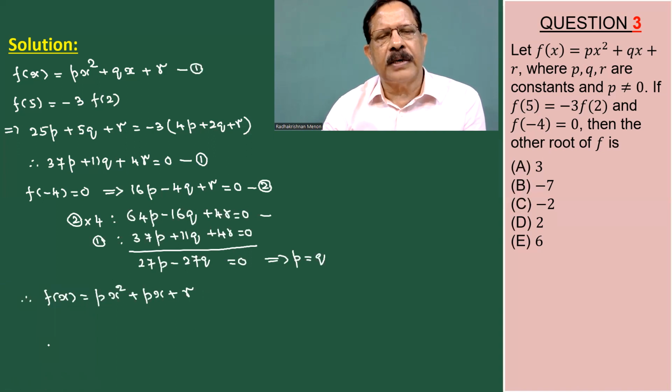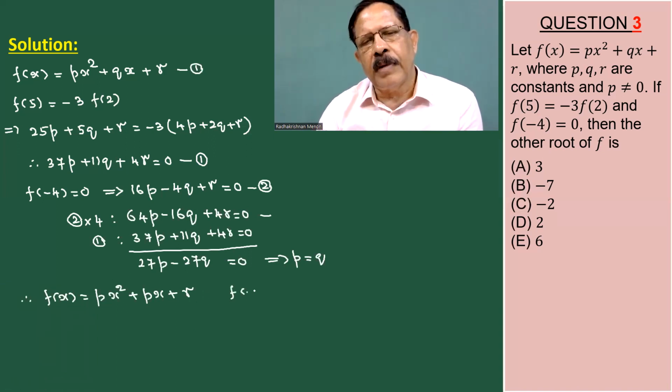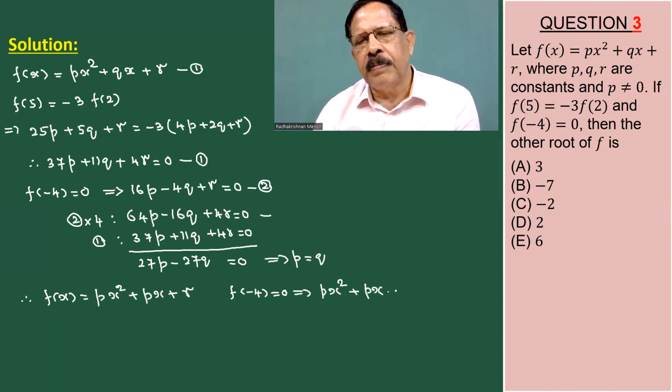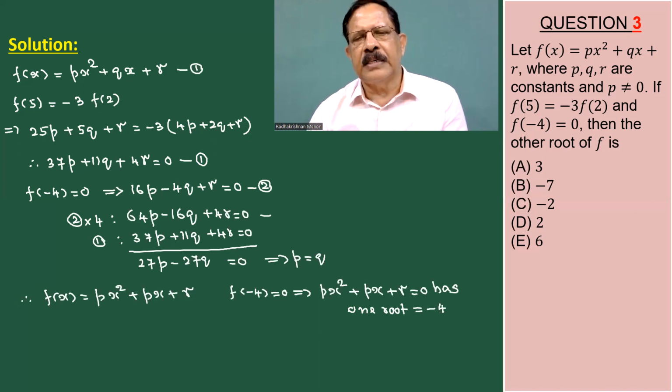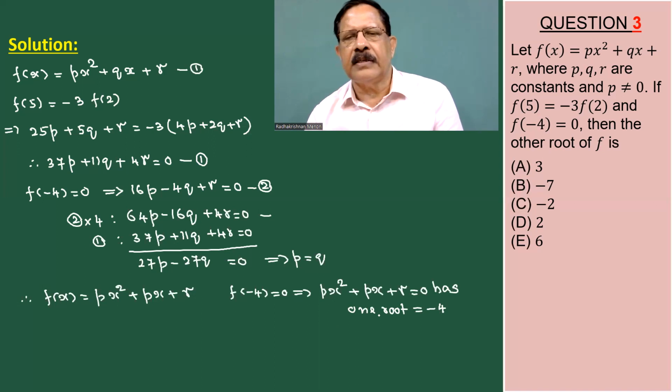So what information are you getting? f of -4 equal to 0 implies px squared plus px plus r equal to 0 has one root equal to -4. When you put x is equal to -4, it is becoming 0. That means x is equal to -4 is one of the roots.